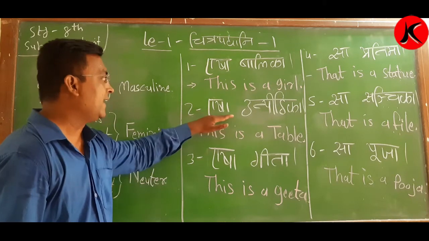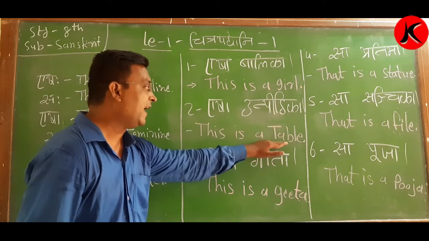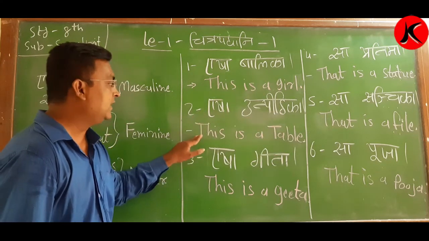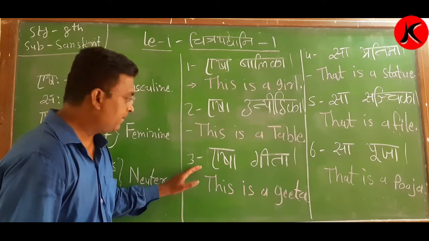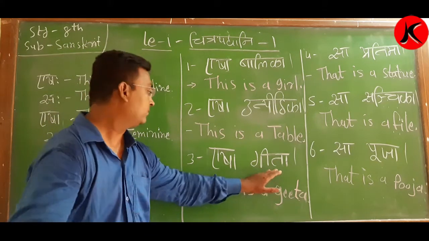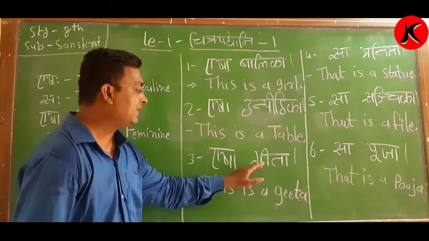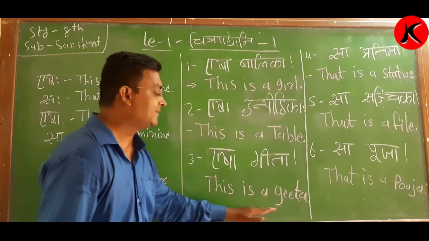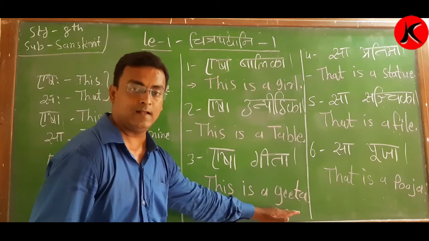Second one, Esha Utpitika. Utpitika means table, and Esha means this. This is a table. Third one, Esha Geeta. Geeta is a girl's name. So here this is Geeta or she is Geeta.